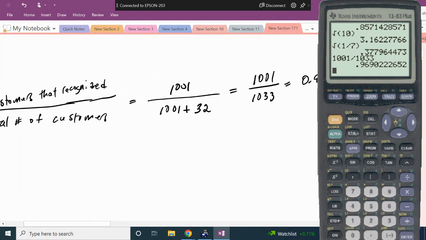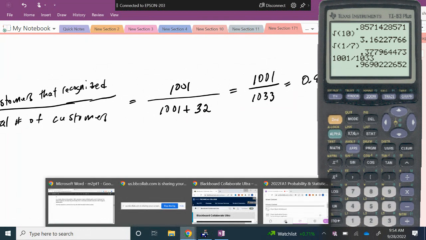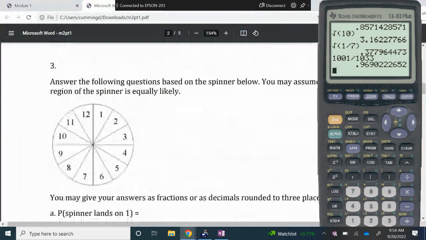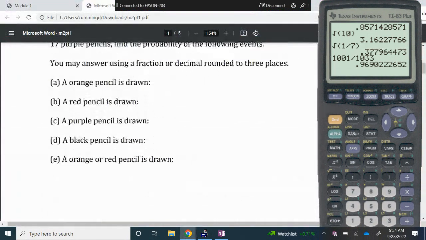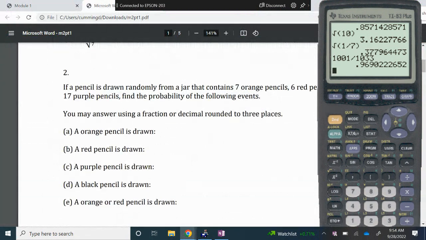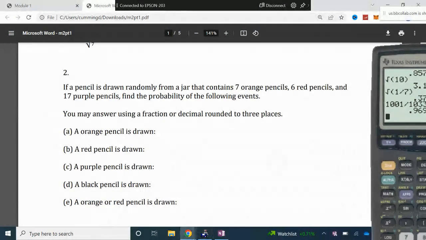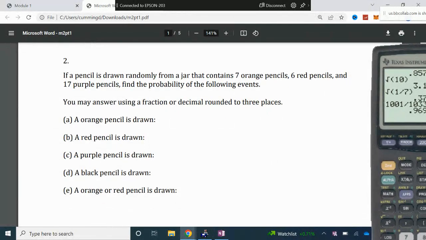Okay, now at this time, I would like for you to attempt problem number 2. It's like the same concept, just a different type problem. It says, if a pencil is drawn randomly from a jar that contains 7 orange pencils, 6 red pencils, and 17 purple pencils, find the probability of the following events.